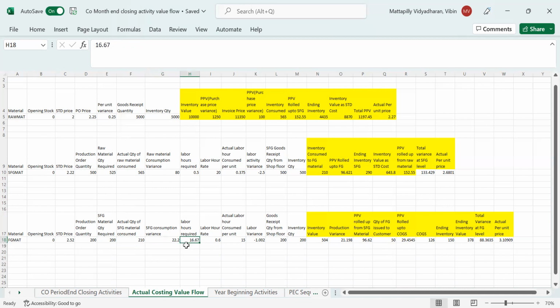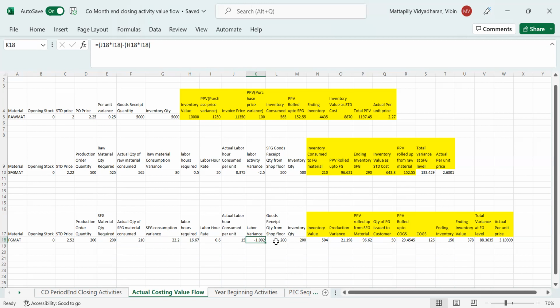Labor hours required as per the routing is 16.67 hours, right? So labor hour rate is 0.6. But at the time of production, actual activity labor consumed is 15. So what is the labor variance? That means minus 1.67 multiplied by 0.6. That means this is the amount we get, minus 1.002.